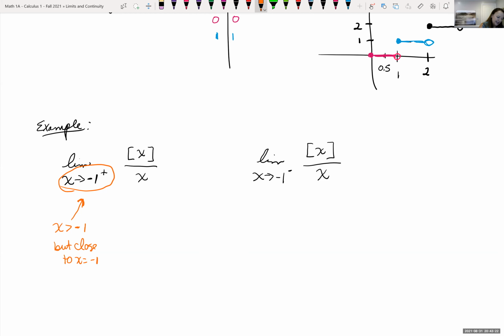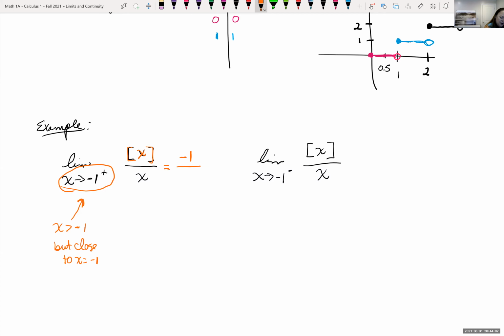If I plugged in, let's say, -0.9, it is close to -1 and it's on the right. But if I plug that value into the step function, that actually is not an integer. So -0.9, the integer to the left of -0.9 is -1.